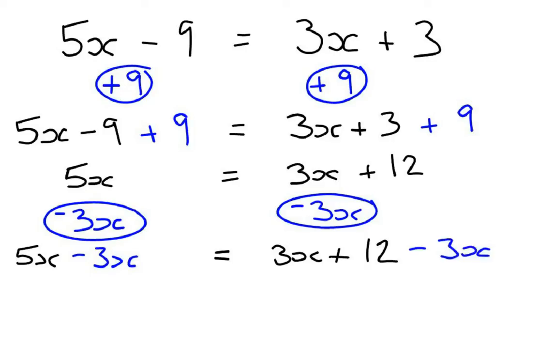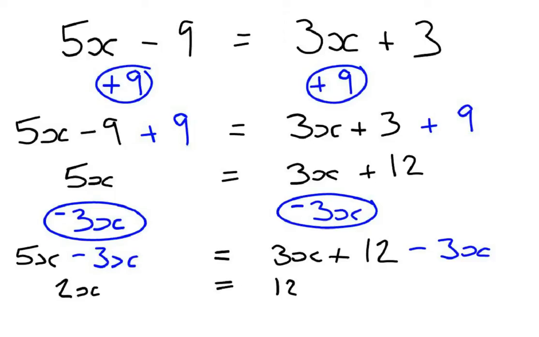So now it's just a case of simplifying again. We've got 5x, take away 3x, gives me 2x. And then on the right-hand side we've got 3x plus 12, take away 3x, just leaves me with 12. Okay.